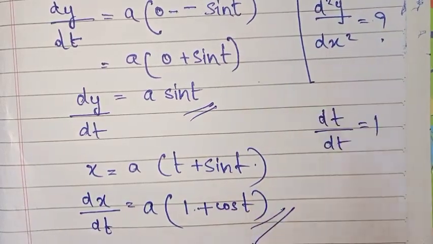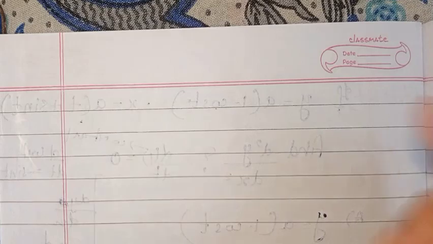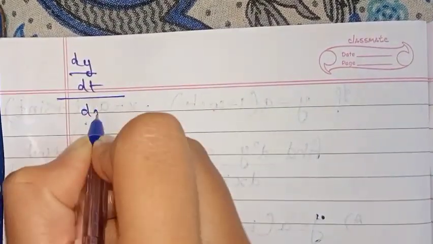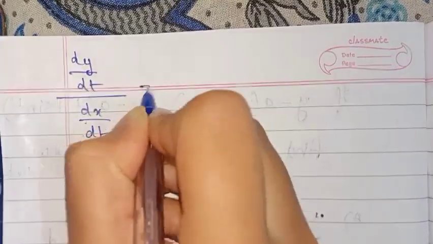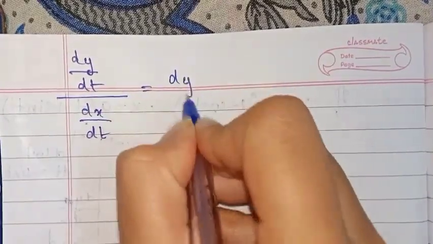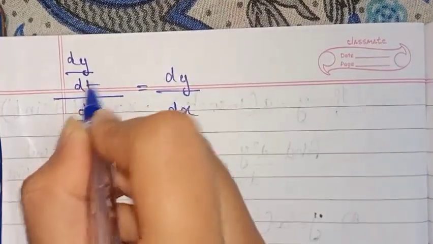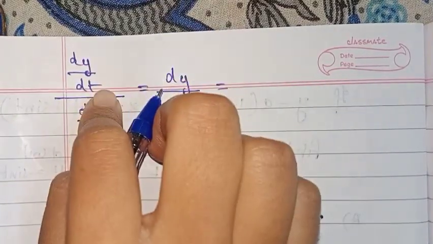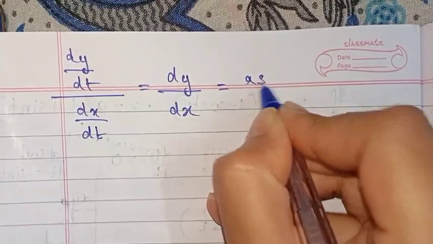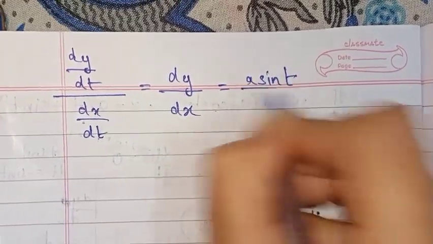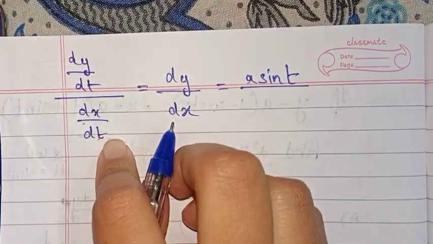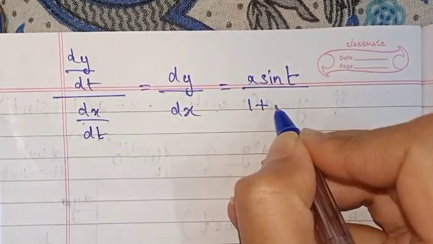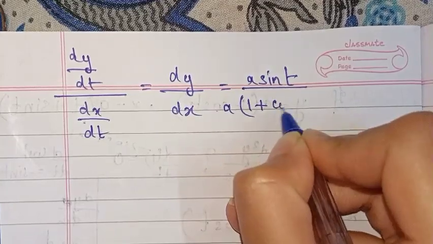Now we are going to divide dy by dt divided by dx by dt. So it will be dy by dx, because dt cancels. Since dy by dt is equal to a sin t, we write a sin t, and dx by dt is equal to 1 plus cos t, so we write a into 1 plus cos t.